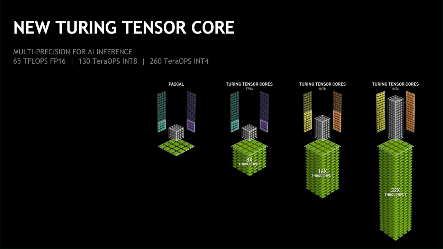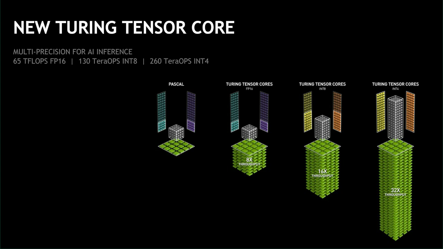So about Tesla T4. It has the new Turing Tensor Core, which handles a 4x4 matrix tile multiplication efficiently within one instruction at 130 teraops in int8 precision, and it even has int4 capability.